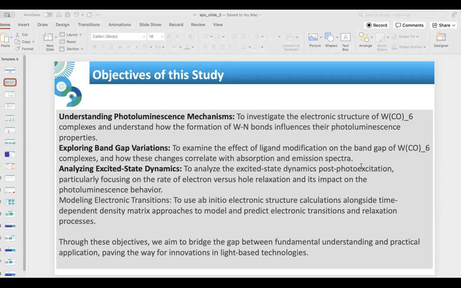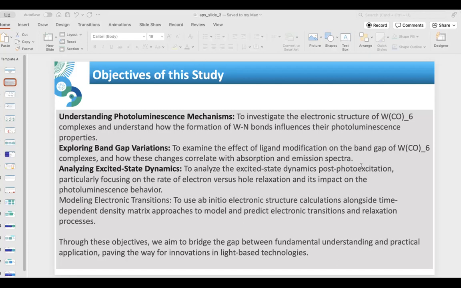The hypothesis underlying this research is that the formation of tungsten and nitrogen bonds alters the electronic structure of the tungsten hexacarbonyl complex in such a way that it could enhance the photolysis property. By formation of the bonding between tungsten and nitrogen, the band gap is reduced, potentially leading to more efficient absorption and emission processes.